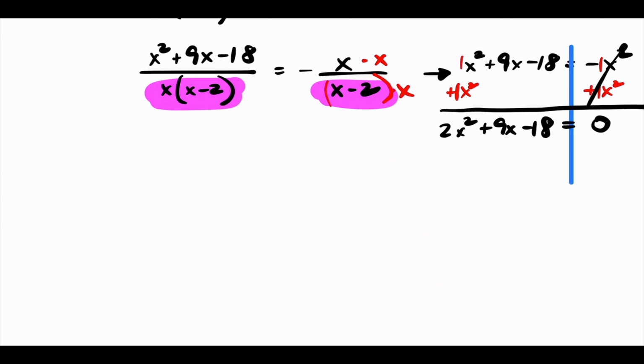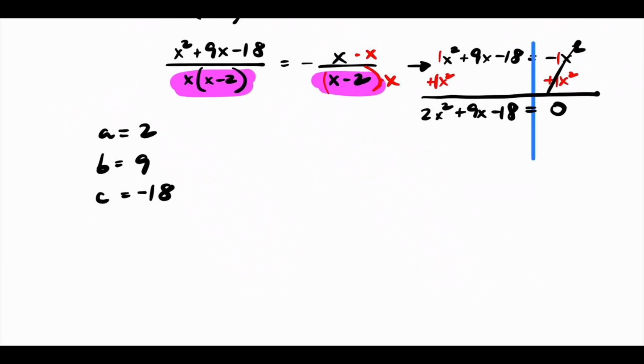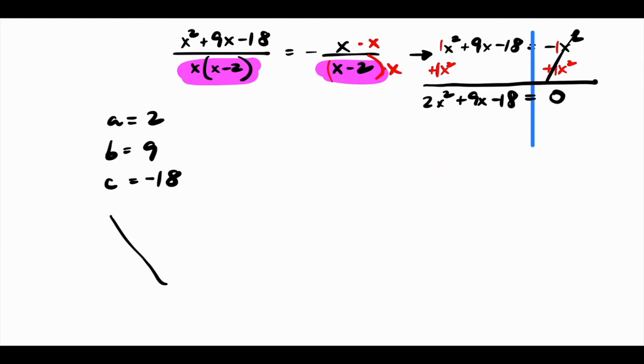Trinomial. No GCF? Would the A still be a 1? No, the A is going to be a 2 now. Yeah, A is going to be 2 now. That's one of the differences on this problem. A is 2, B is 9, C is negative 18. So the top would be negative 18 times 2.